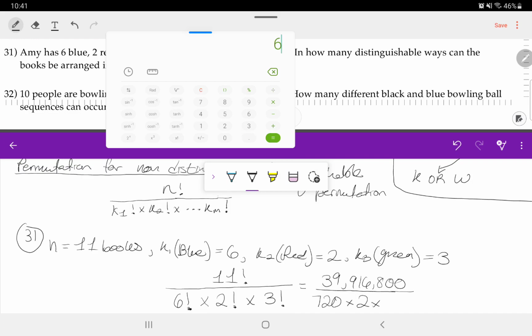And remember, to work a factorial, you start from that number and multiply it down to 1.